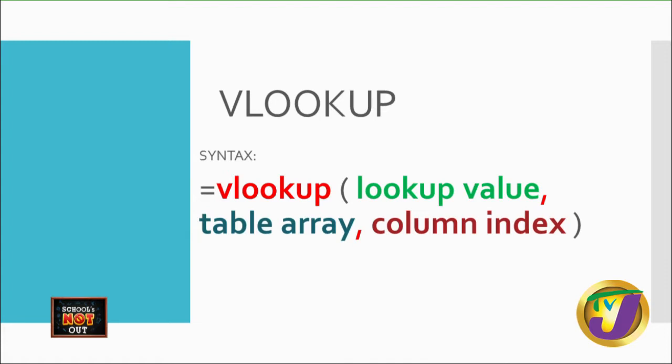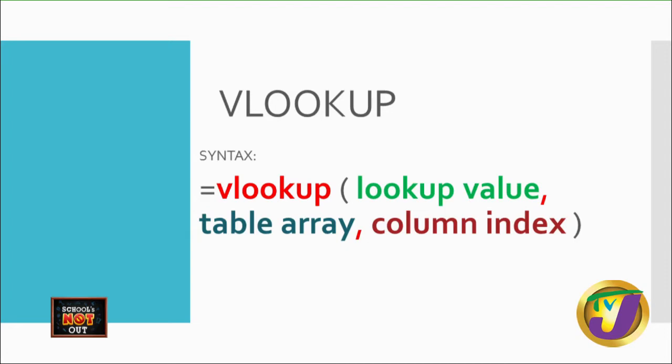Then the lookup value, which can be a number, but more often than not, it is a cell reference. All right. And then the table array, which is another cell reference, but it's referencing a range of cells. And the column index has to do with what particular column you want information to be extracted from in your table array.